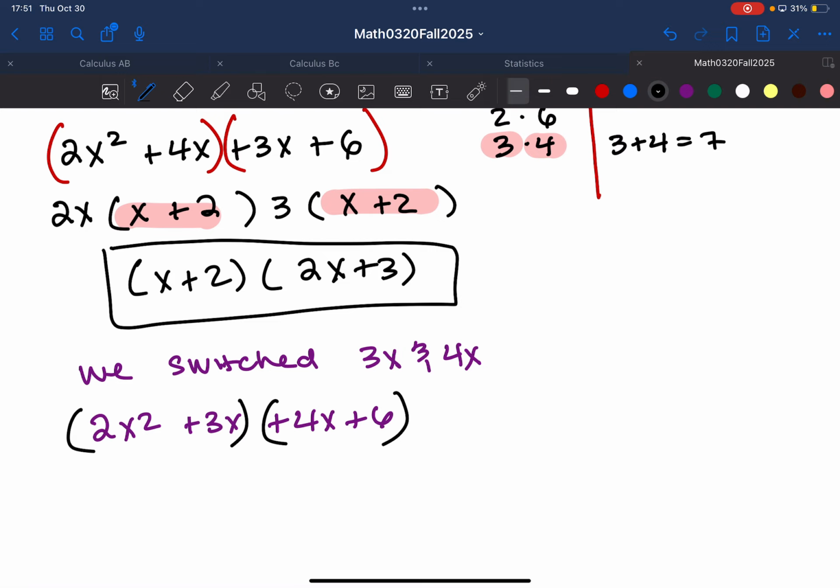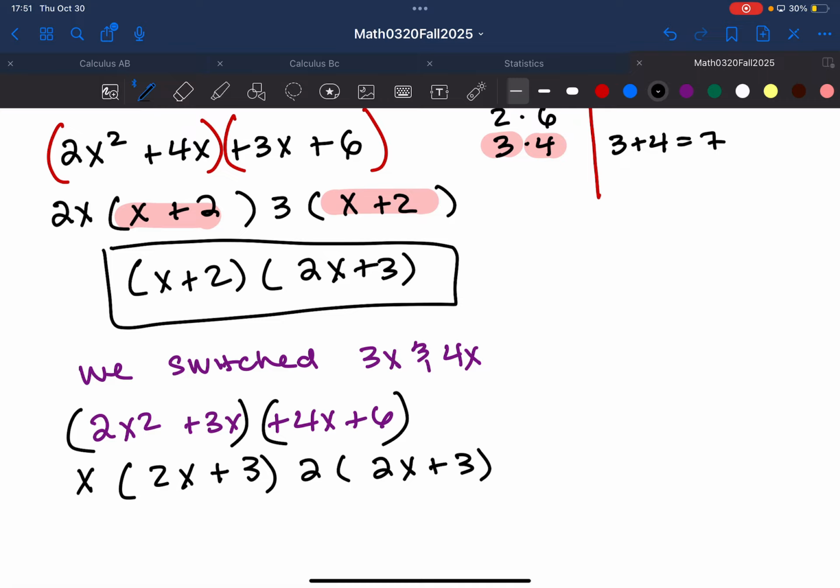Just x. So if I take out an x, I'm left with 2x plus 3. And then what can I take out of 4x plus 6? A 2, right? Because 6 and 4 can both take out a 2. And then I'm left with 2x plus 3.